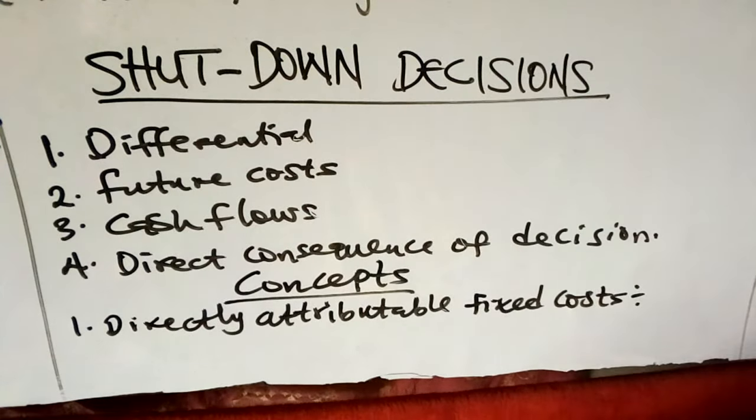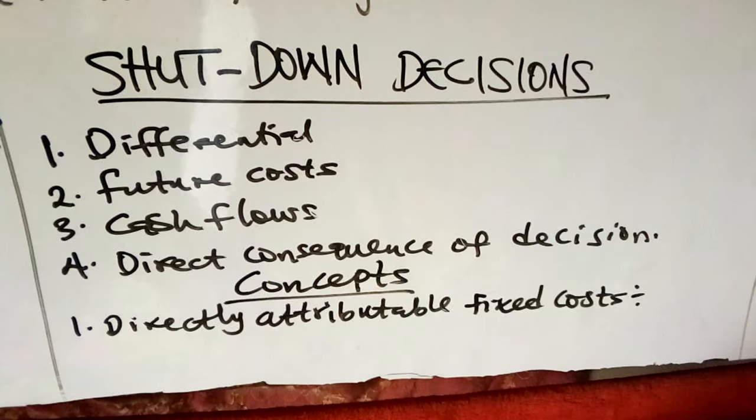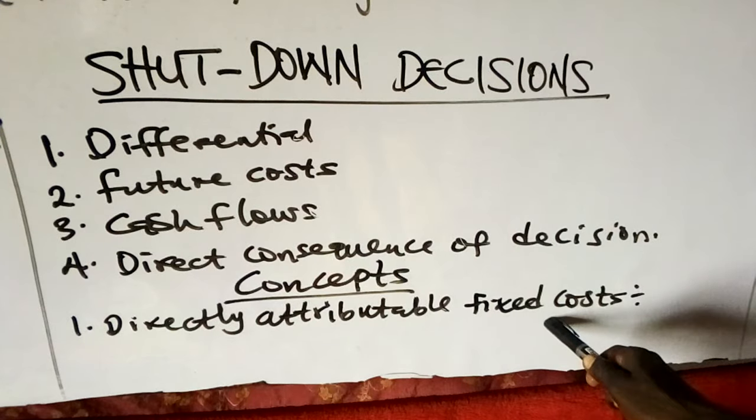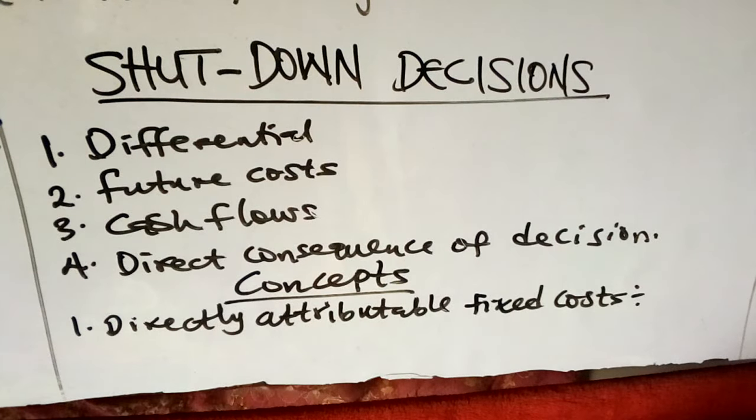Directly attributable fixed costs can also be called specific fixed costs. They are the fixed costs that are specifically incurred because of the project.